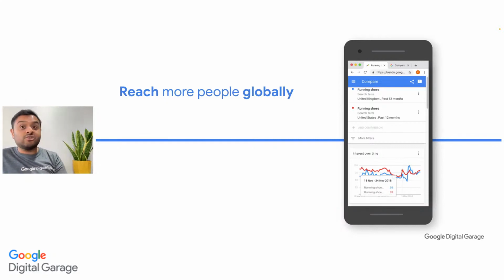If you type in Google Trends or visit trends.google.com, you'll be able to see the interest over a certain period of time in products or services that you sell. So you can see the interest in the United Kingdom, compare that with Ireland, or compare that with the United States, for example.